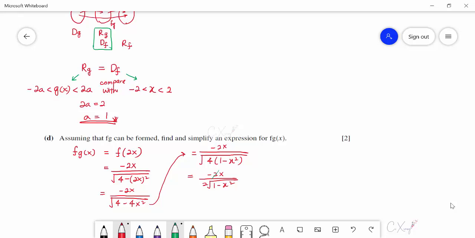Then I can simplify this, and eventually, sorry, there's no more 2. So eventually I will have negative x over square root of 1 minus x squared. This is the composite function that I have for now.